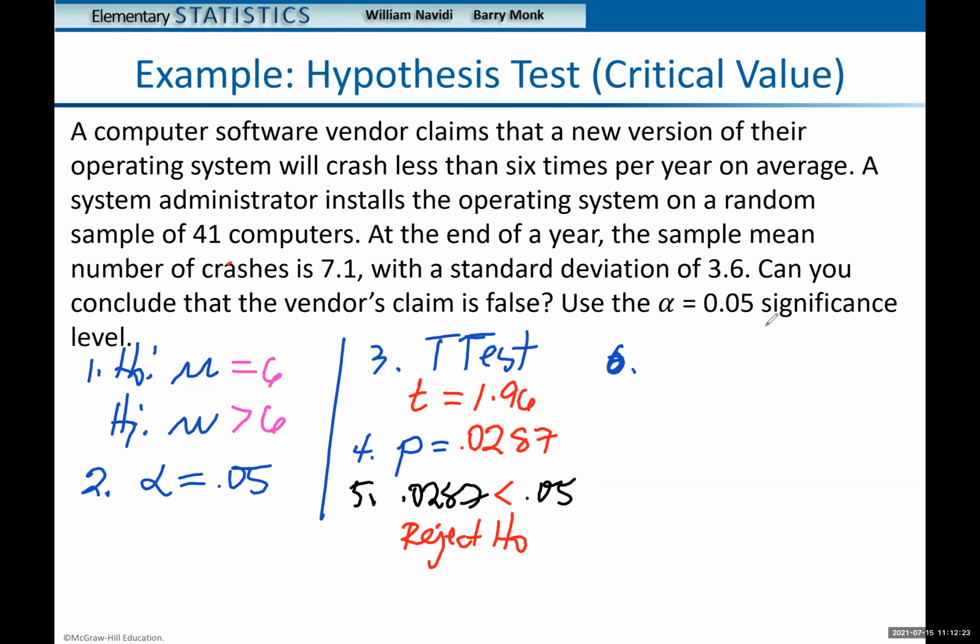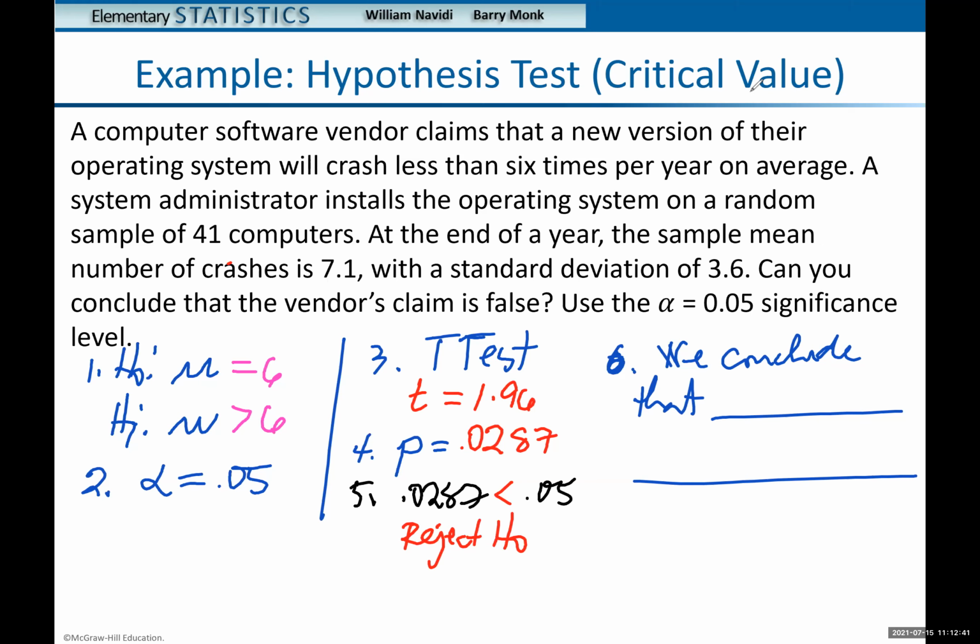What do you think is the conclusion? We conclude that the mean number of crashes is greater than 6 a year.